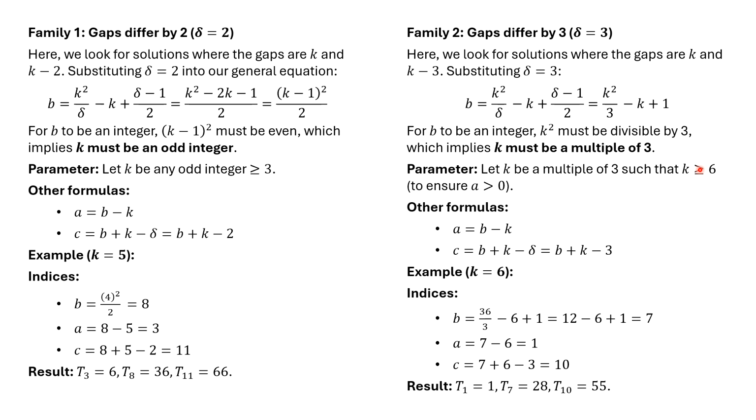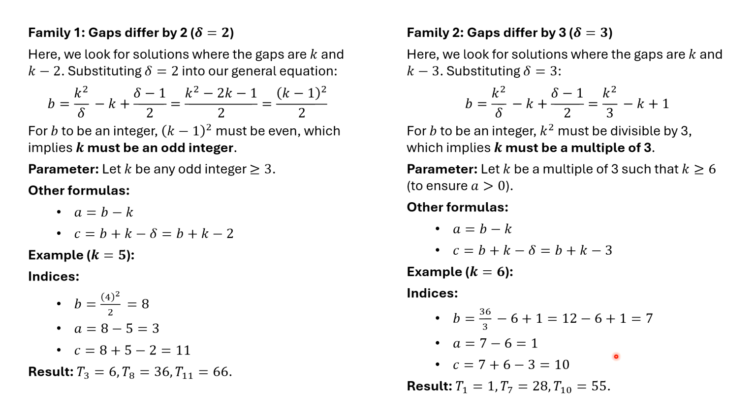There's an infinite number of solutions, but we'll take the smallest one, k equals 6, and then b would be 6 squared, which is 36, divided by 3, minus k is 6 plus 1, so you get 12, minus 6 plus 1 is 7, then a is b, which we just computed to be 7, minus 6, that's 1, and then c is, from this formula here, 7 plus 6 minus 3, that's 10.